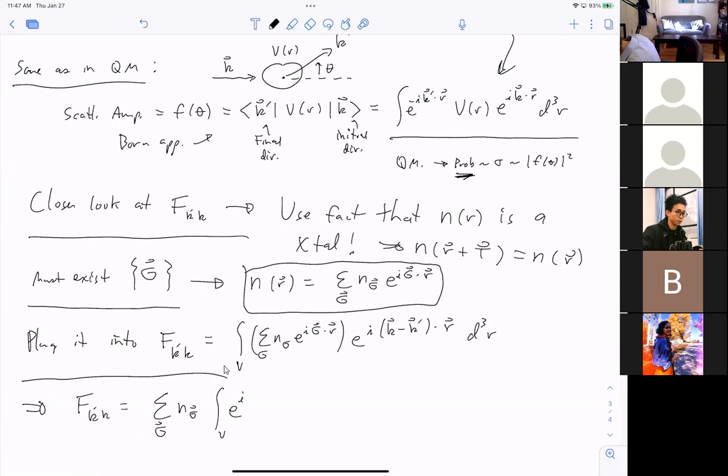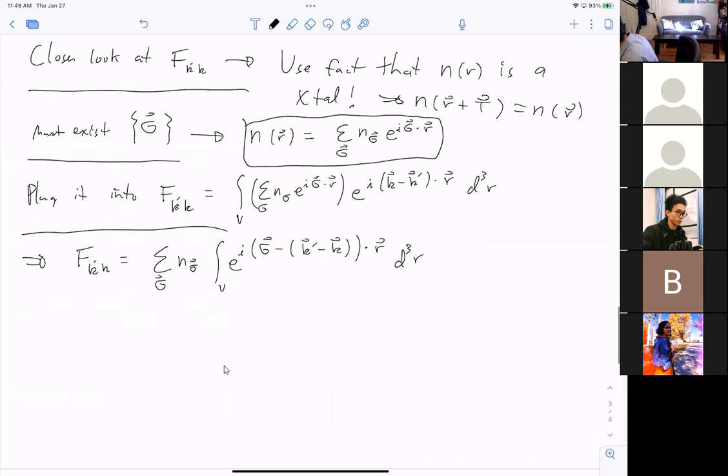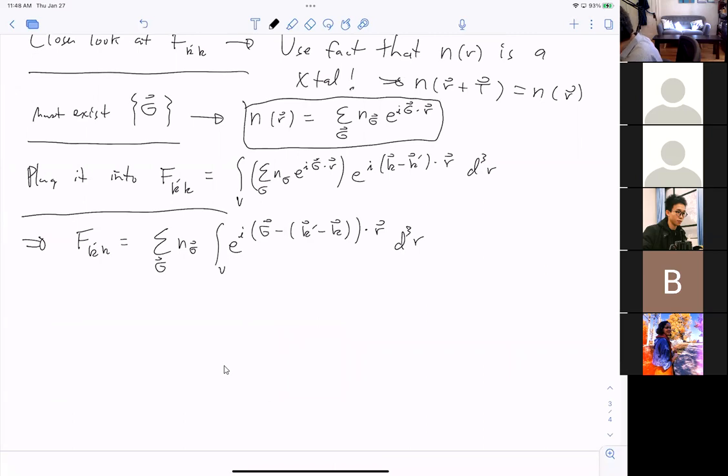And let's just rearrange the exponent a little bit, like this: G minus k prime minus k dot r d cubed r. I just rewrote it ever so slightly. Hopefully that is not confusing to you or incorrect. Okay, so that's the total amplitude of all the X-rays scattered into the detector in that direction, corresponding to k and k prime. Remember, k is the initial direction, and k prime is the final direction.